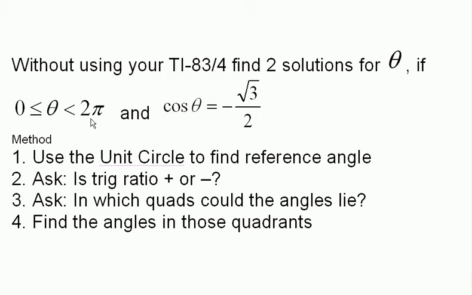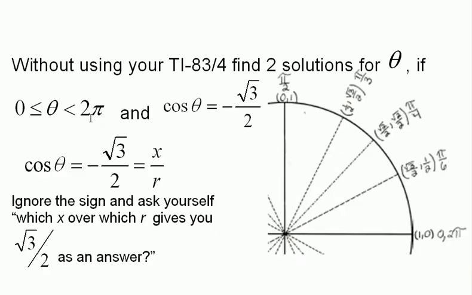We will use the answer to that question to find out the quadrants in which the angle that we are looking for, theta, could possibly lie. After we have answered those questions, we can then go directly to those quadrants and find the angle.